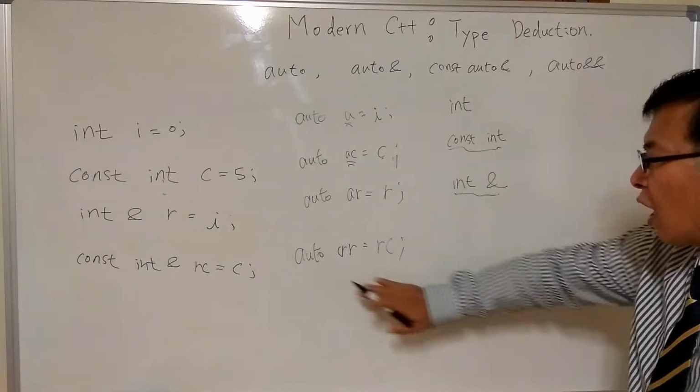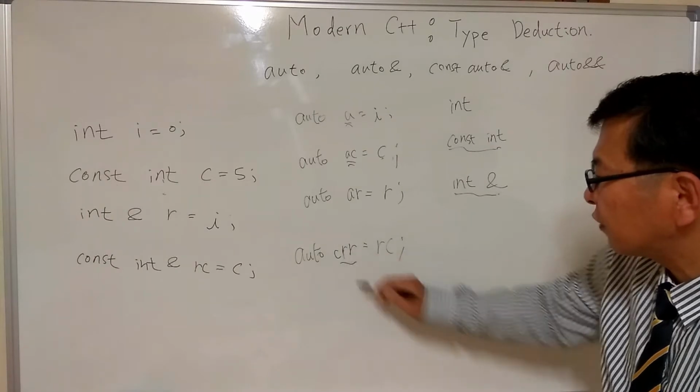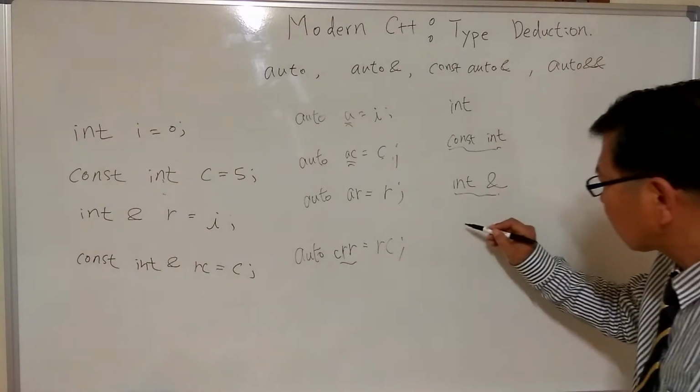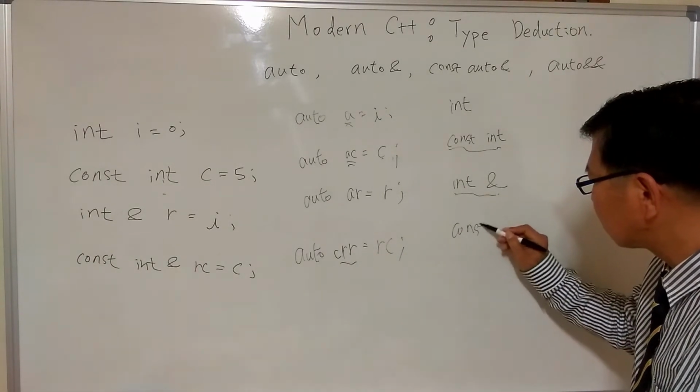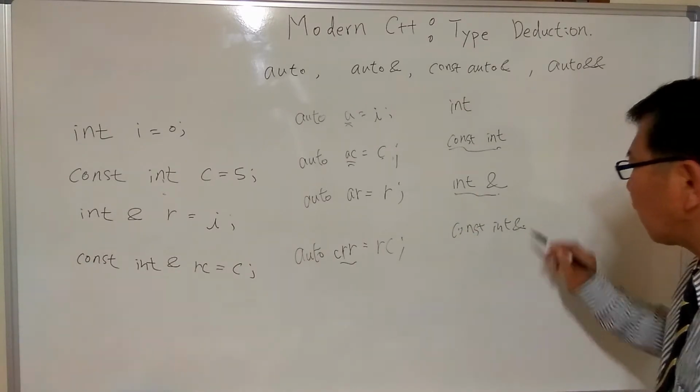Then what will be CRR's data type? It will be const int reference type.